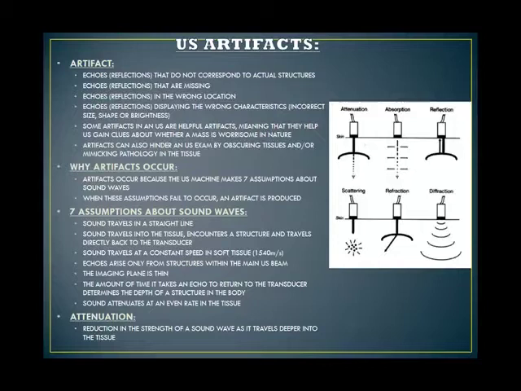So sometimes things are actually deeper or more shallow in the breast than they really are. And then sound attenuates at an even rate in the tissue. Attenuation is when a sound wave goes into the tissue, and as it travels deeper into that tissue, it loses strength over time. And that's called attenuation.